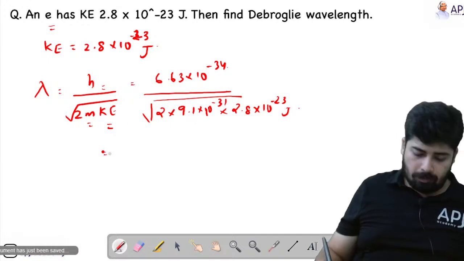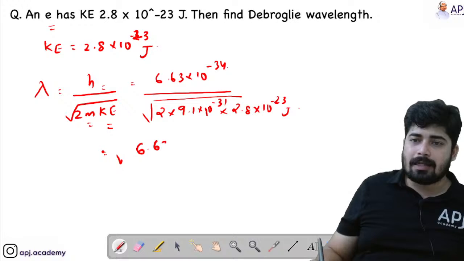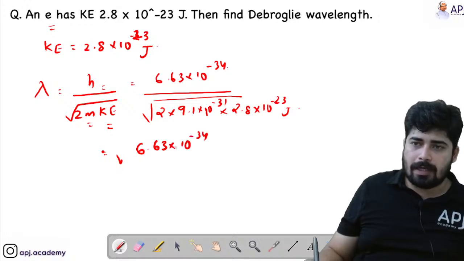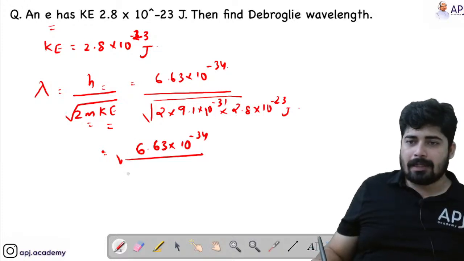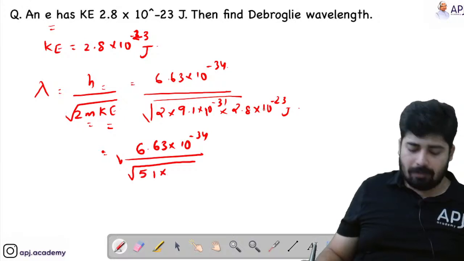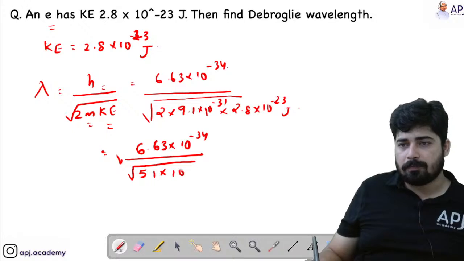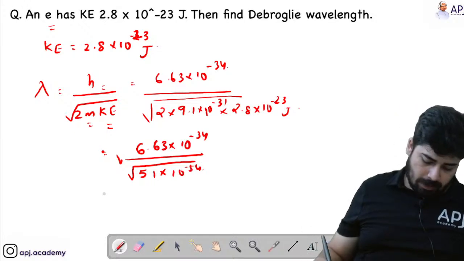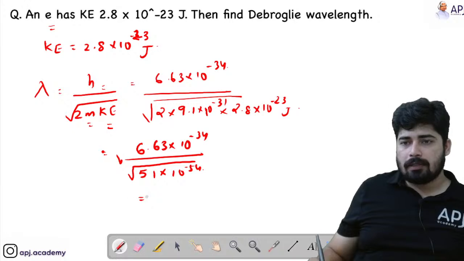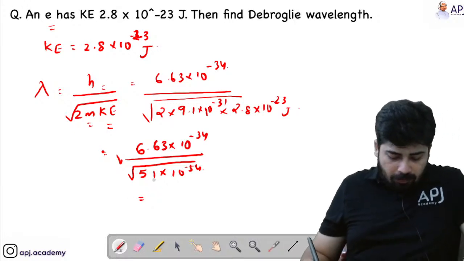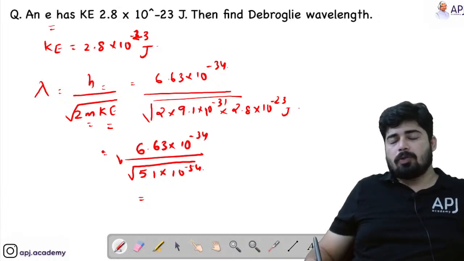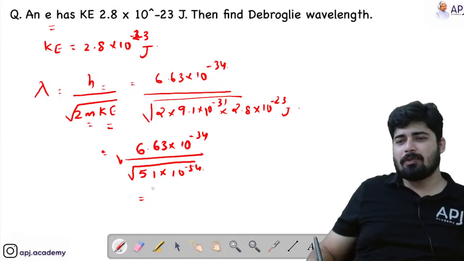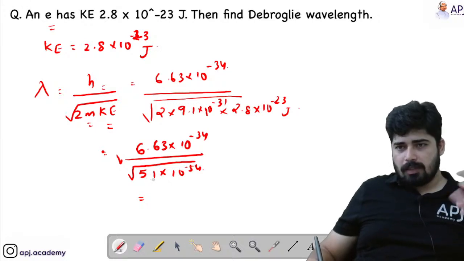So you will be getting 6.63 into 10 raised to minus 34 divided by the root of 2 into 9.1 into 2.8, which is nearly equal to 51. So 51 into 10 raised to minus 31 and 23 is 10 raised to minus 54. If you take the root, we know root 49 is 7, so it is nearly 7 point something.